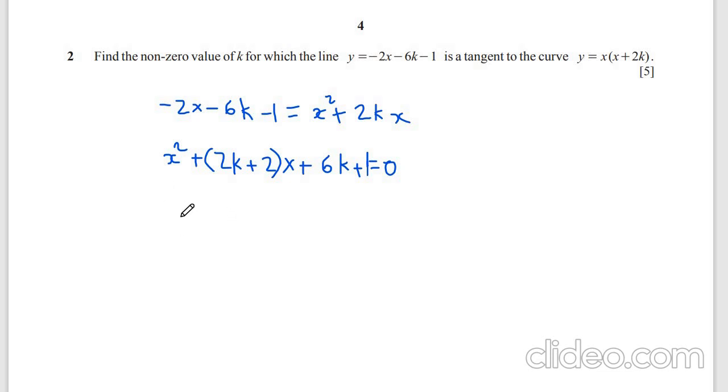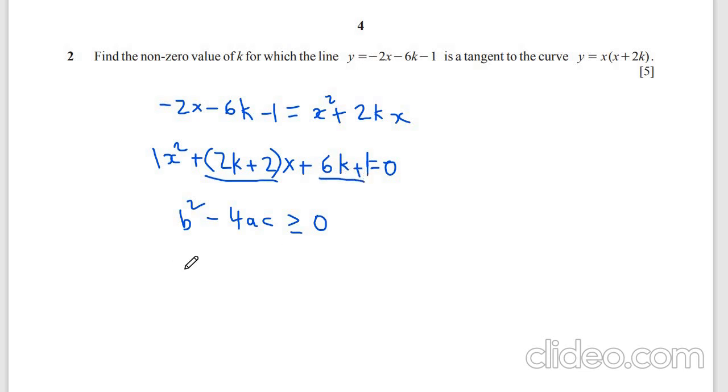And so b squared minus 4ac must be greater than or equal to 0. So here our b is that, a is 1, and c is that.